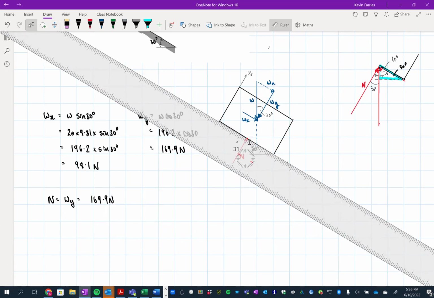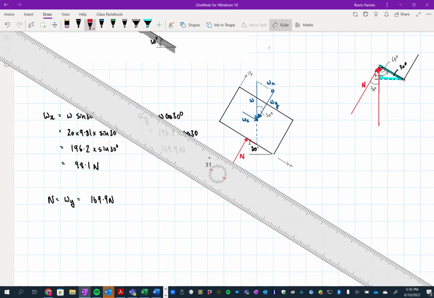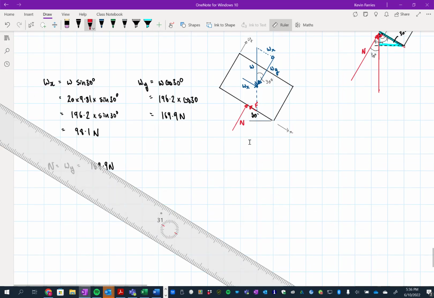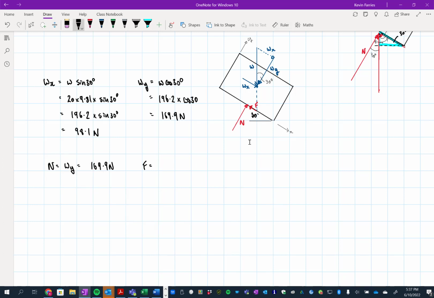It could be less, and it should be because it's a dynamics question. So we're going to have some force in this direction from friction. We'll call that F. So the frictional force, assuming this thing is sliding, is going to be equal to the kinetic coefficient of friction times the normal force.